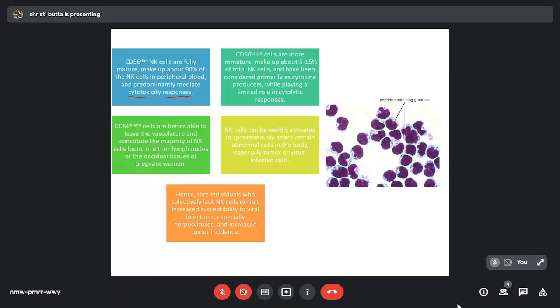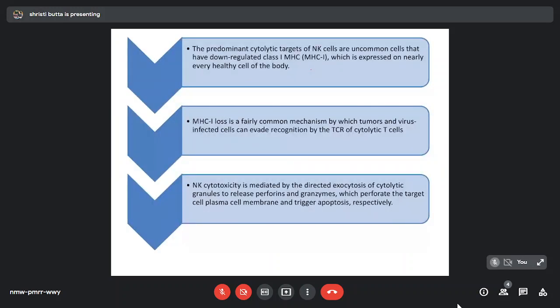So this figure shown alongside are the perforin-containing granules seen in NK cells. The predominant cytolytic target of NK cells are uncommon cells that have a downregulated MHC1.